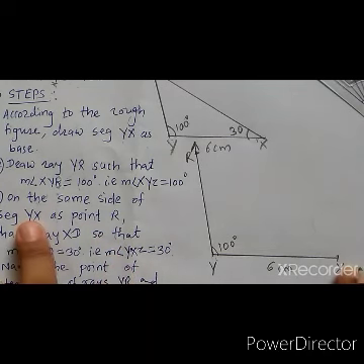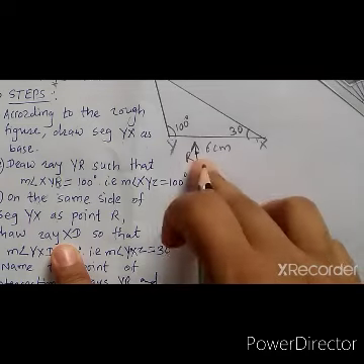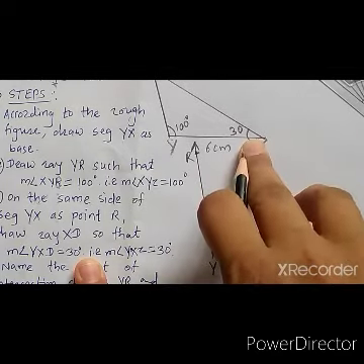Now we have to draw another angle at the point X. So on the same side of segment YX as point R, draw ray XD so that angle YXD is equal to 30 degrees. That is this angle.